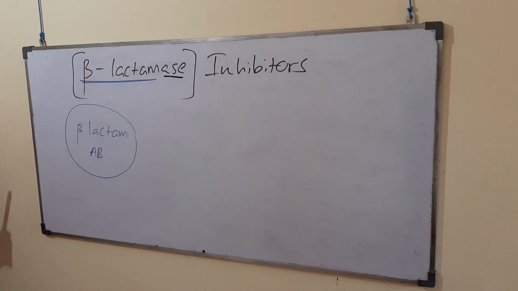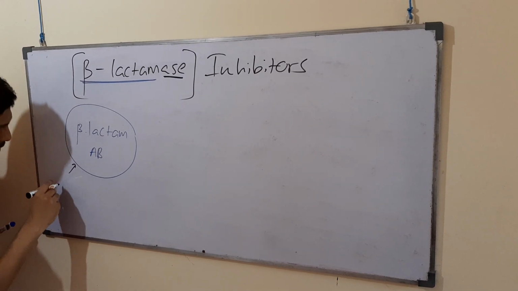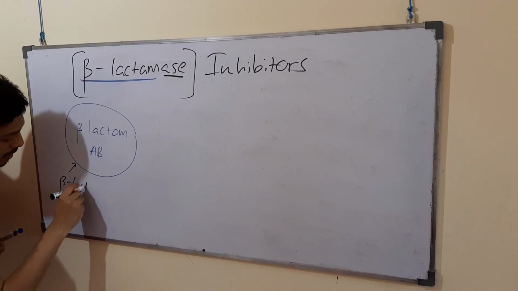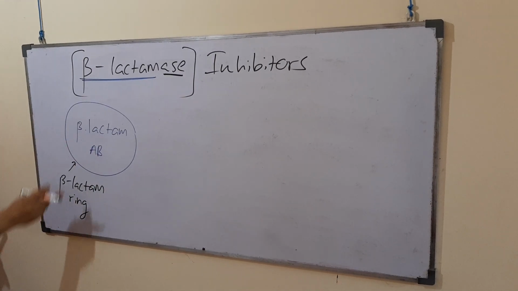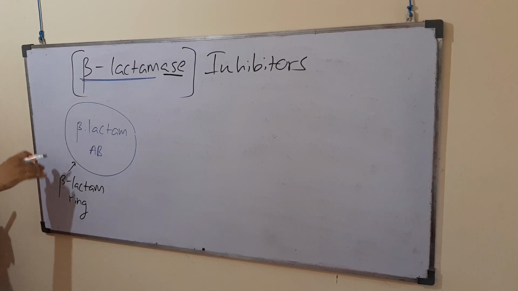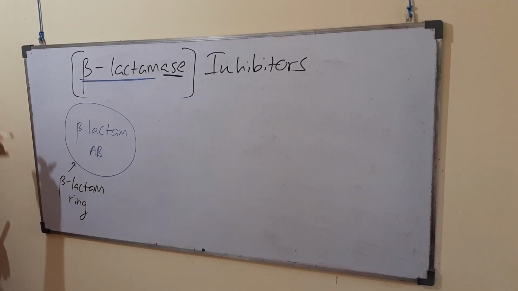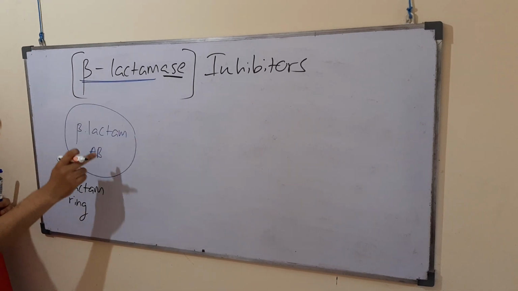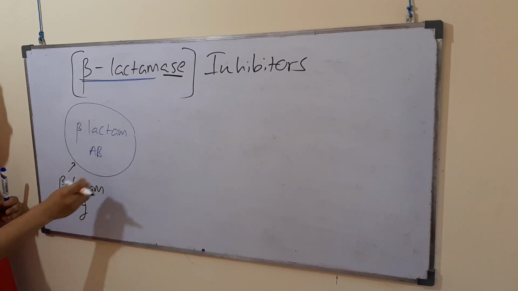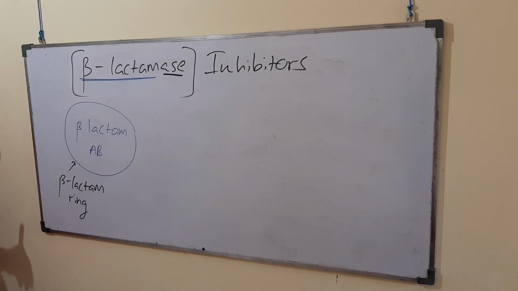So I'll mark it like this: beta lactam ring. This beta lactam ring is what gives this category its name, and it is also what gives these antibiotics their antimicrobial properties, right?